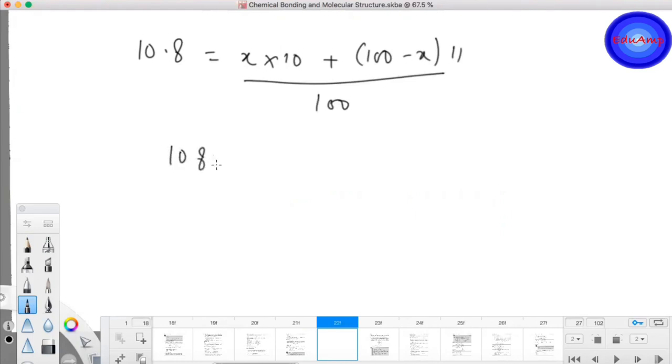So 1080 is equal to 10x plus 1100 minus 11x.